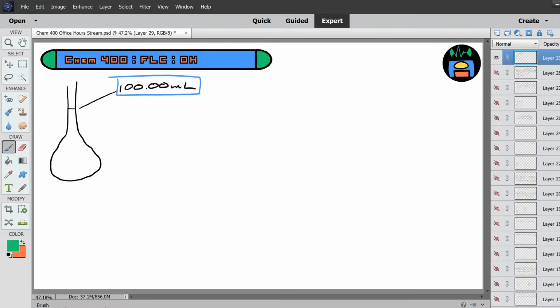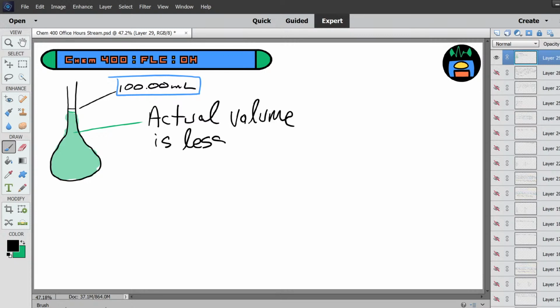If, however, you don't fill all the way up to the line, if you almost fill all the way up, but not quite all the way there, what that means is that your actual volume is less than 100 mils.